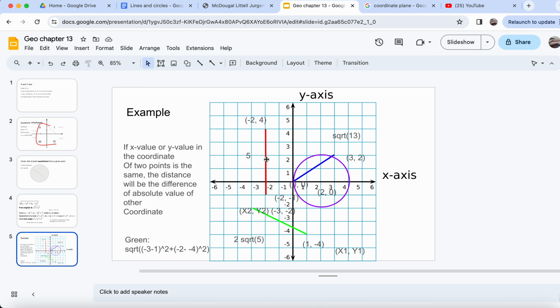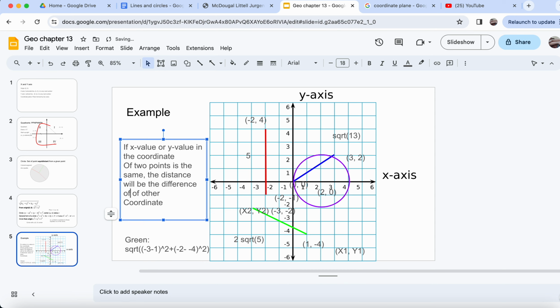Let's see some examples for chapter 13.1. What is the distance of the red line? One point on the red segment has coordinate (-2, 4), the other (-2, -1). If the x value or the y value in the coordinates of two points is the same, the distance between them is just the absolute value of the difference between the other values.